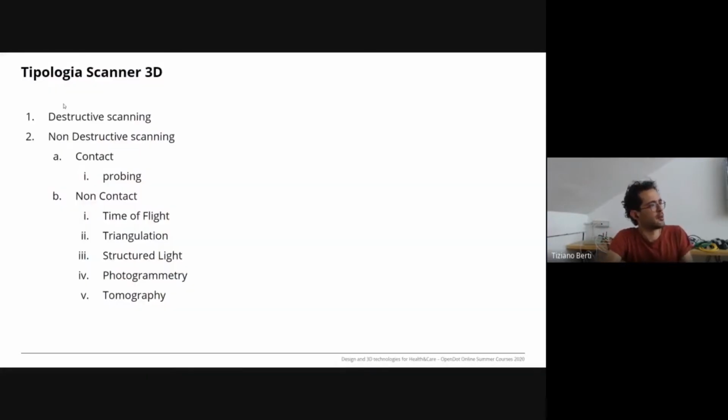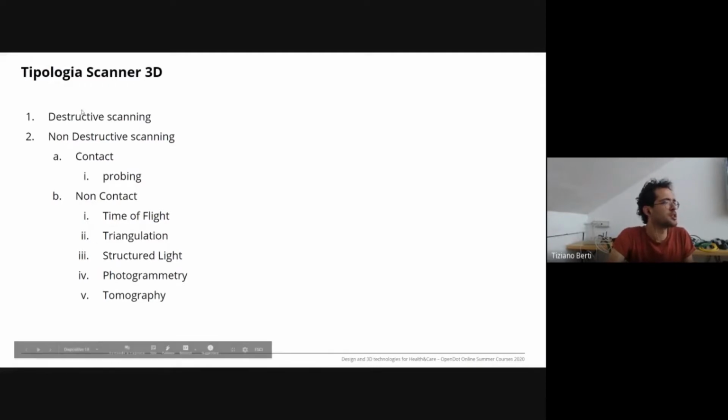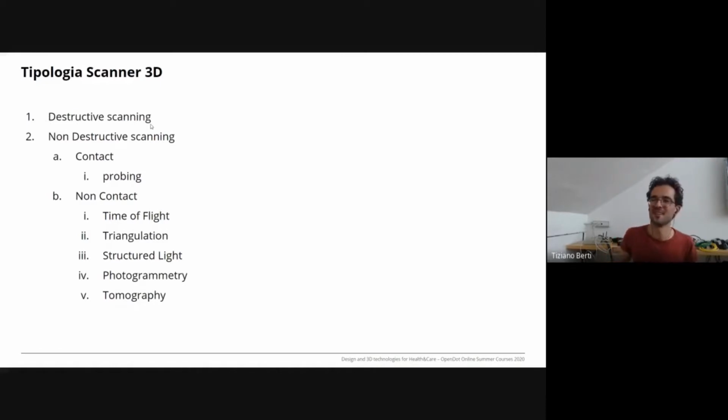So this is a kind of tree of technology, which is the first one. I just put it there because it's nice to know that at the beginning 3D scanning was sometimes done in a destructive way.